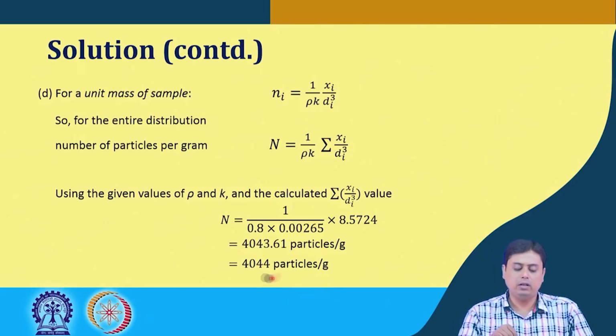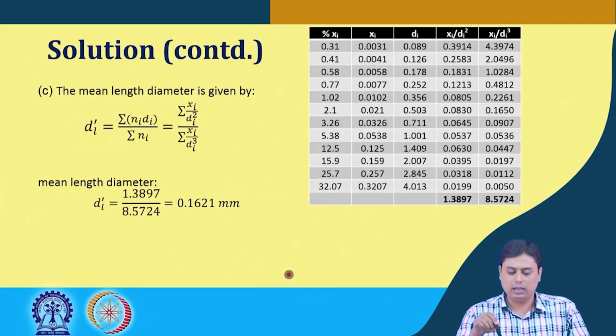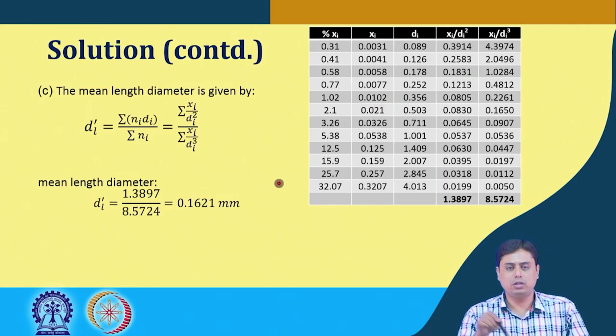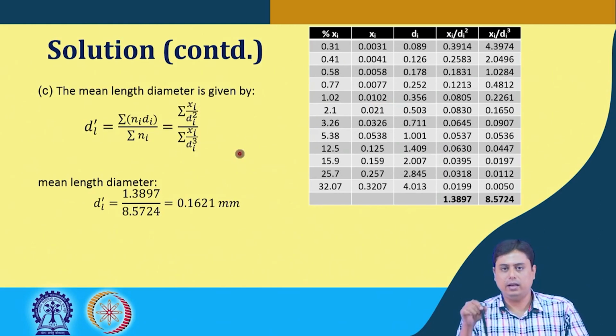Now, depending on this value, if you are asked to calculate the number distribution, you can find that from the equivalent distribution, where instead of x there is n and d from the corresponding expression.